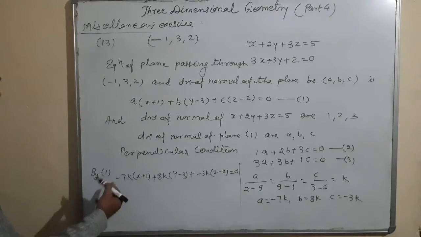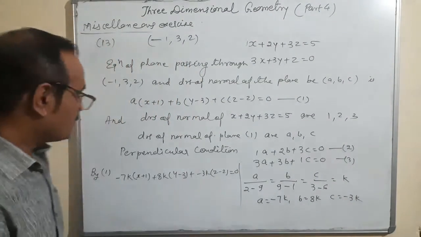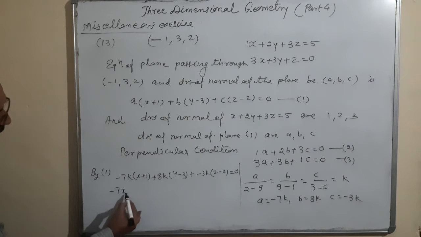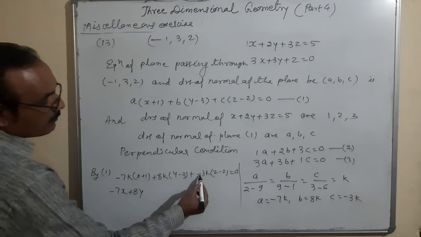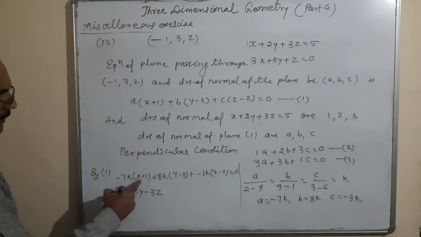May I take K common and shift to the right side. So 0 upon K, that is 0. Minus 7 multiplied by x, it is minus 7x plus 8y minus 3z.